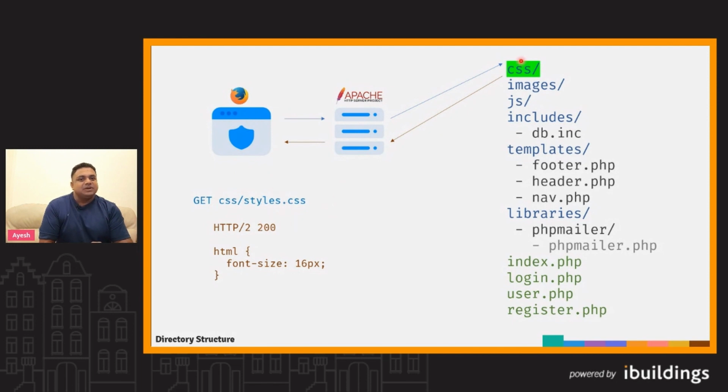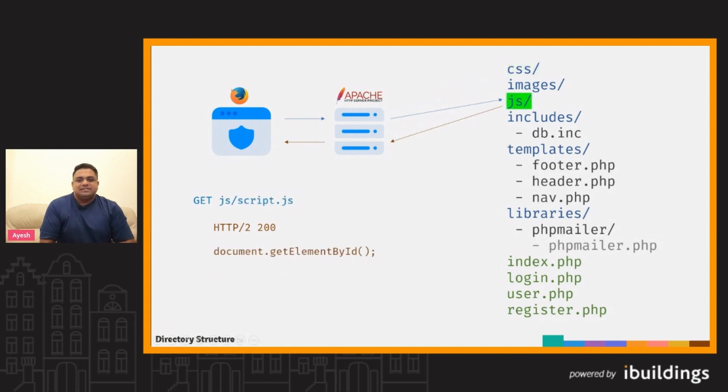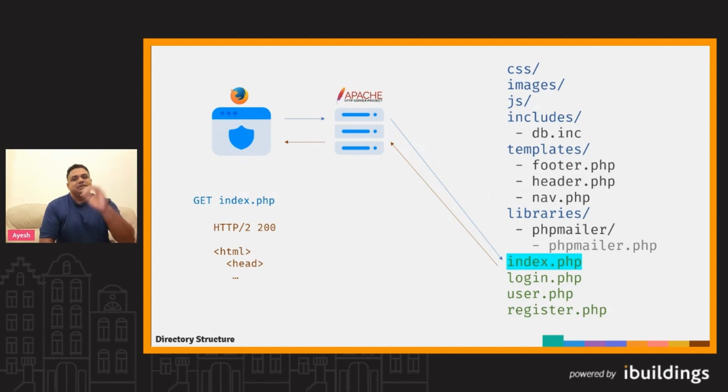The server will go fetch it from here and then send it back, normal. And if you have a request for JavaScript files, the same thing. But if you are requesting a PHP file, the web server will look at this file, know that you have to process this through PHP, and ask PHP to run whatever PHP code we have in there.